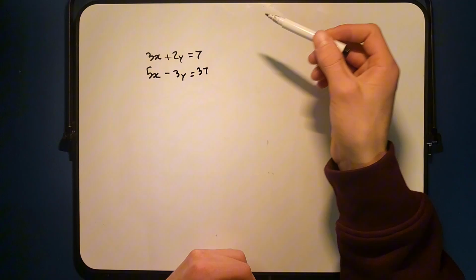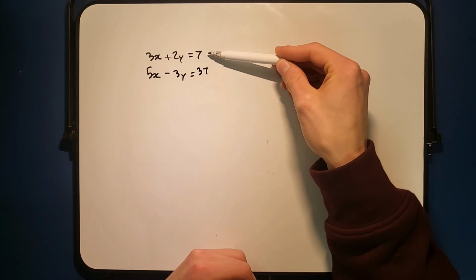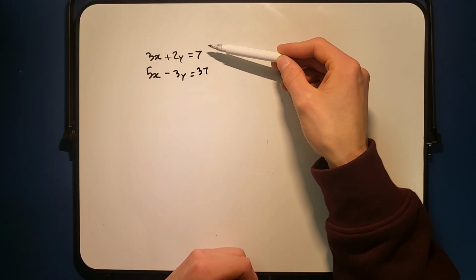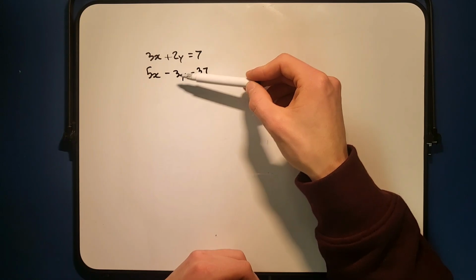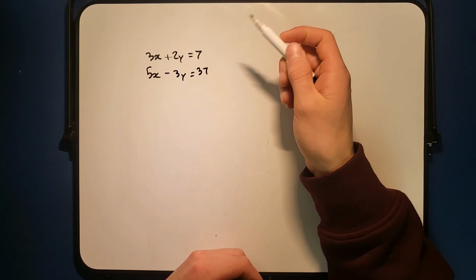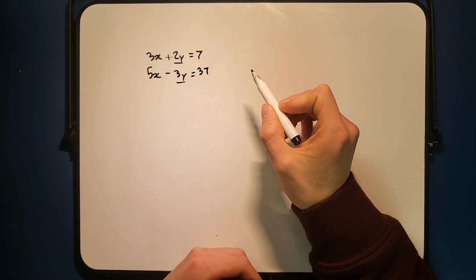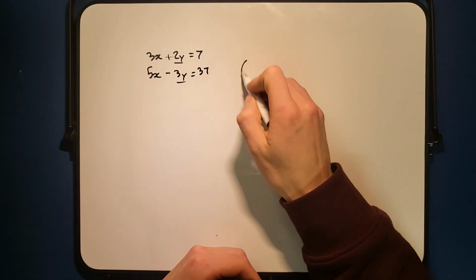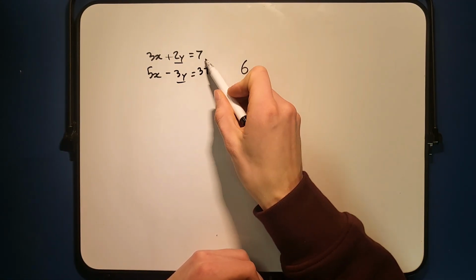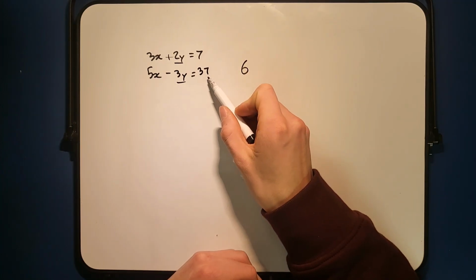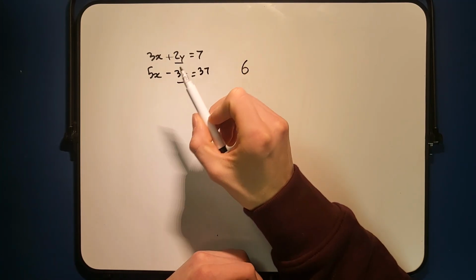So what number would I have to multiply by this equation in order to give me the same number as this equation? So I see, if we take these two numbers here, 2y and 3y, I know that the lowest common multiple is 6. So if I multiply this equation by 3 and this equation by 2, it'd give me 6y and minus 6y.